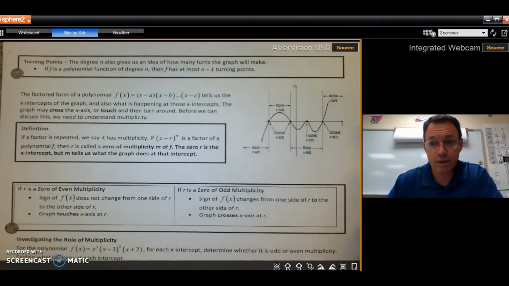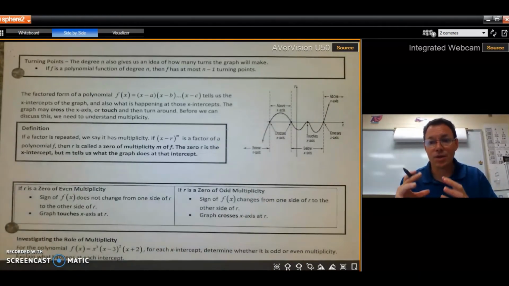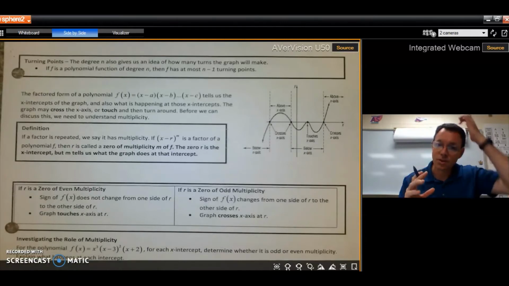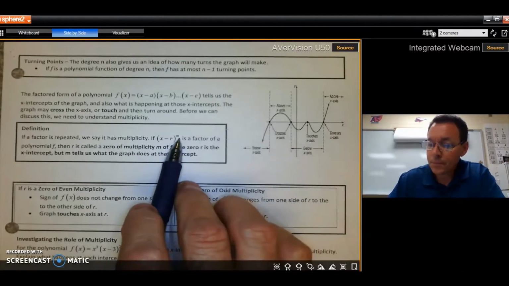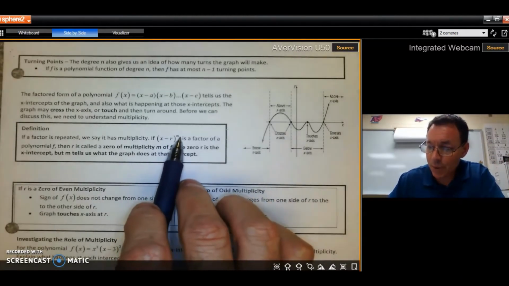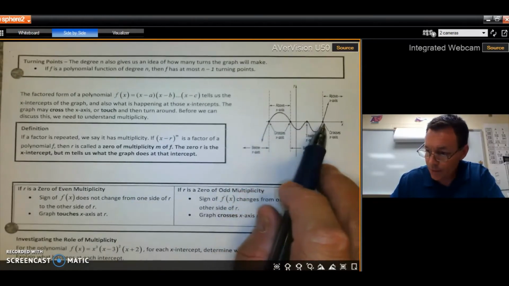That's what's going on here. Most of the time, a factor is going to appear once. So you'll have just x minus 1. There won't be an exponent there.